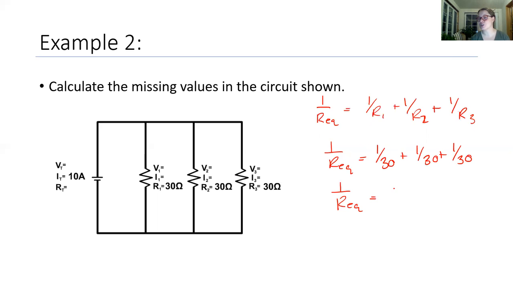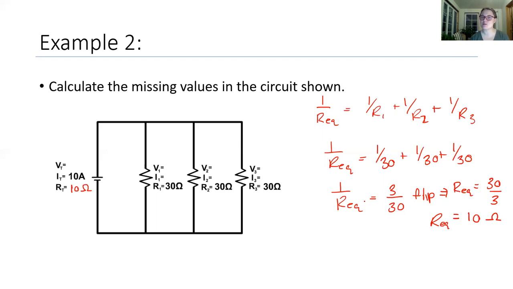So 1 over Req is equal to 3 over 30. We want to get this R by itself, so we have to flip. Whatever we do to one, we do to the other. So we get Req is equal to 30 over 3, which is equal to 10 ohms. So the resistance here is going to be 10 ohms.